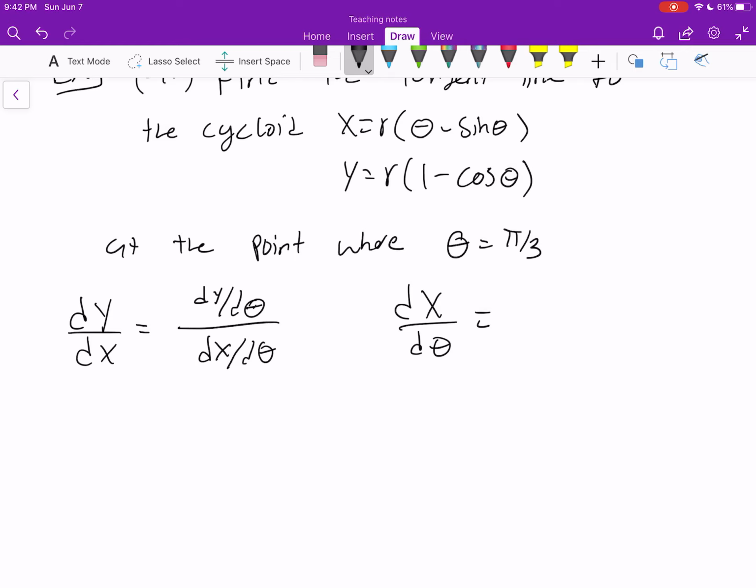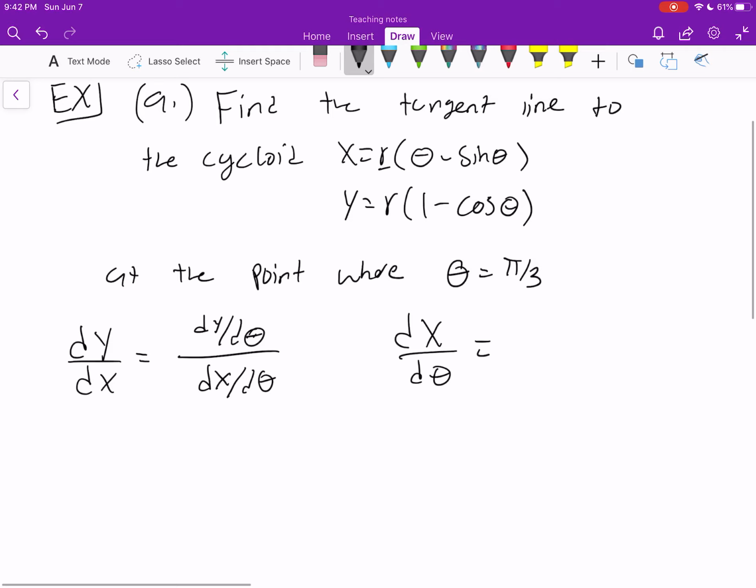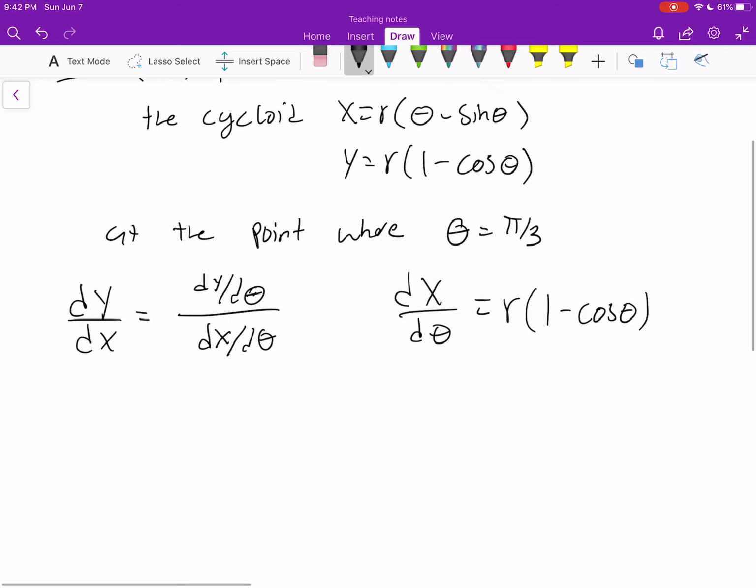So when you're doing this, note that r here is constant. So when I'm taking a derivative, I ignore it when I'm doing it with respect to theta. When I take the derivative of the first one, I'm going to get r times 1 minus cosine theta, and dy d theta is going to be r times the derivative of negative cosine theta, which is positive sine theta.